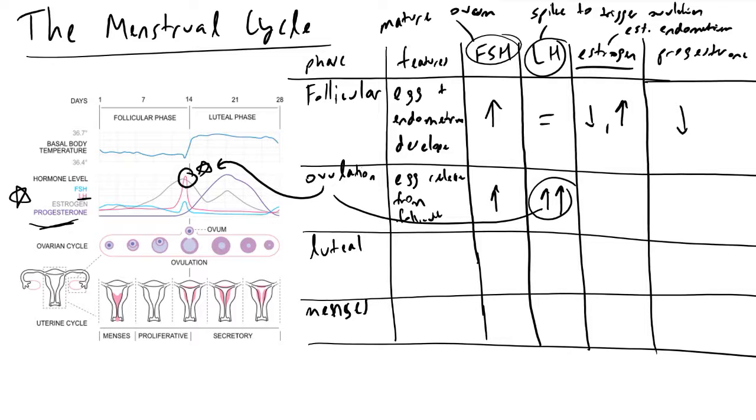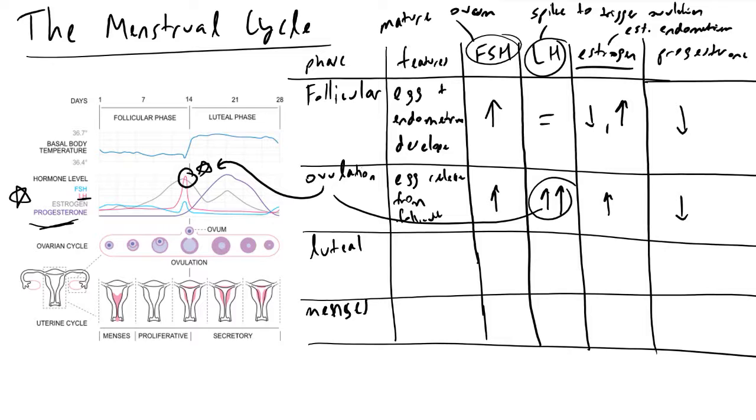And levels of estrogen will continue to rise because we want to continue to build up the endometrium, and progesterone levels will continue to decline, staying relatively low throughout this process.